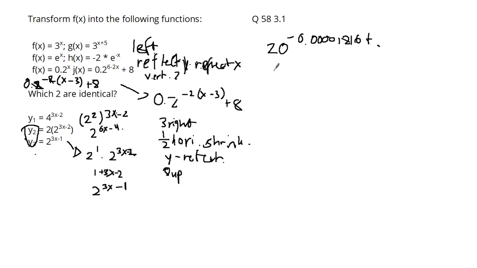Well, the initial amount is the initial value. What's the initial value? Wait, this is 20 e to the power of minus, not 20 to the power of minus. So the initial value is just 20, right? It's our 20.